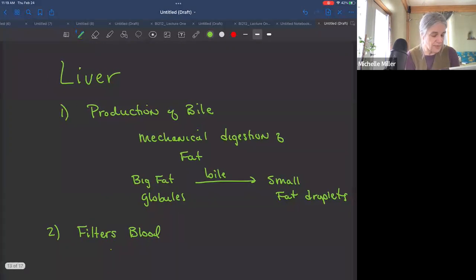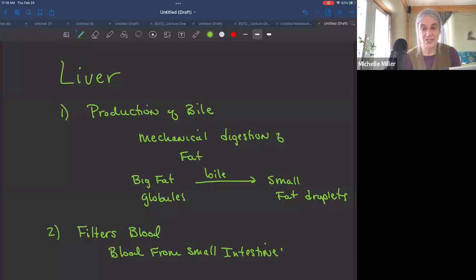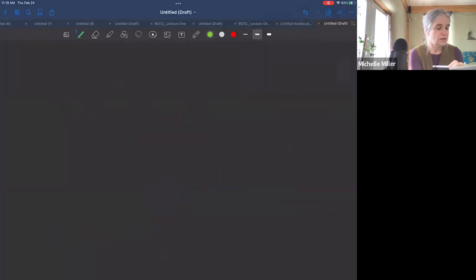So blood from the small intestine is transported to the liver. And we store glucose as glycogen, and then these amino acids can be used to produce important proteins. So glucose is stored as glycogen.